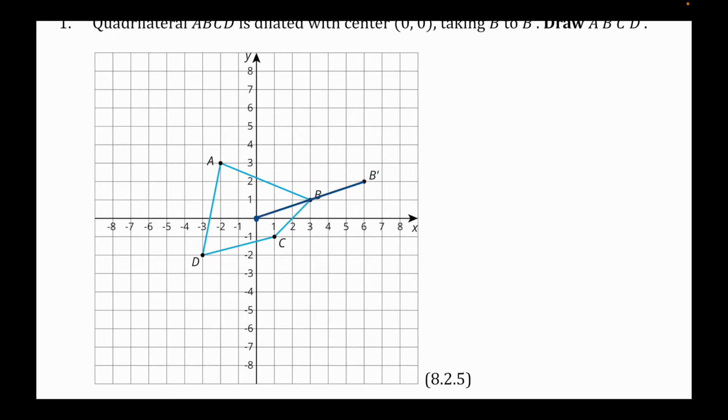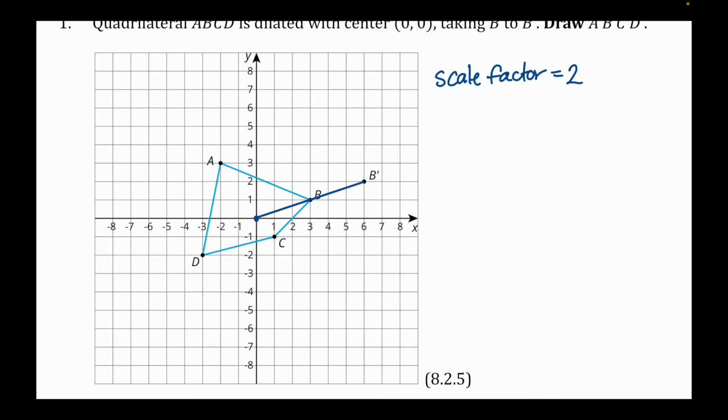That tells me my scale factor is going to be 2. So I'm not just going to be going up 1 and over 3 for each one because it's not a translation, but I am going to be doubling the length of each distance here.